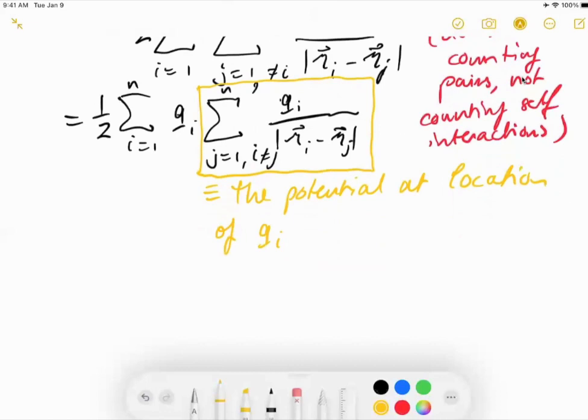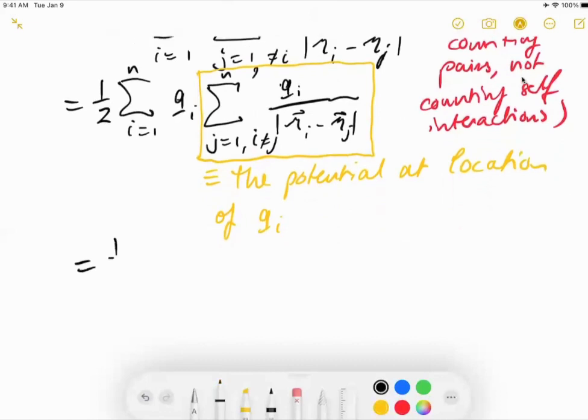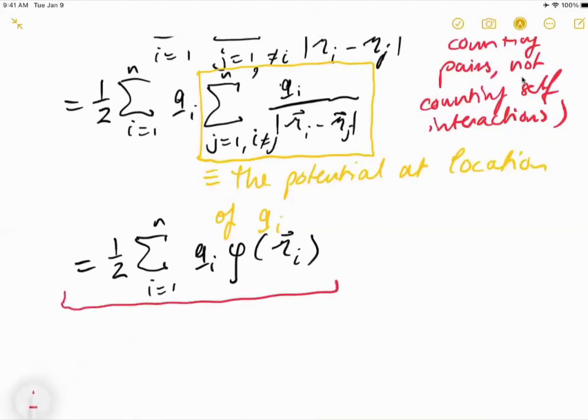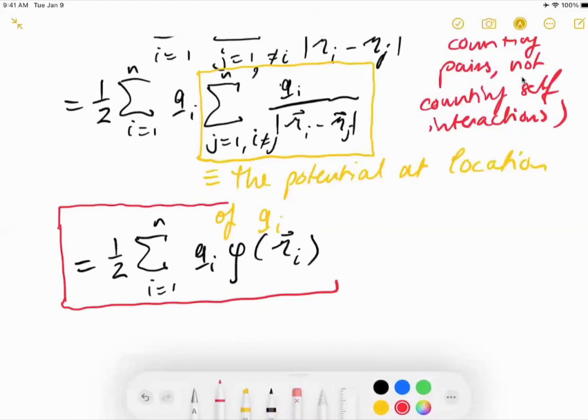So we can write this as 1/2 the sum 1 through n Qi, and then the phi at the location of the ith charge. So this looks a little bit different because of the fact that we have now a single sum here.